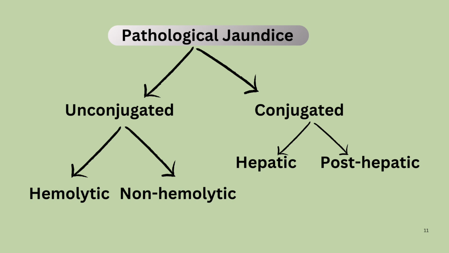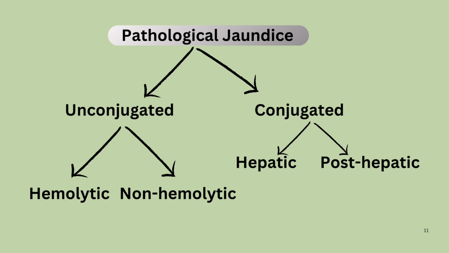Second, I told pathological jaundice. Pathological jaundice either occurs due to unconjugated hyperbilirubinemia or it may occur due to conjugated hyperbilirubinemia. Unconjugated hyperbilirubinemia may occur either due to non-hemolytic causes or hemolytic causes.